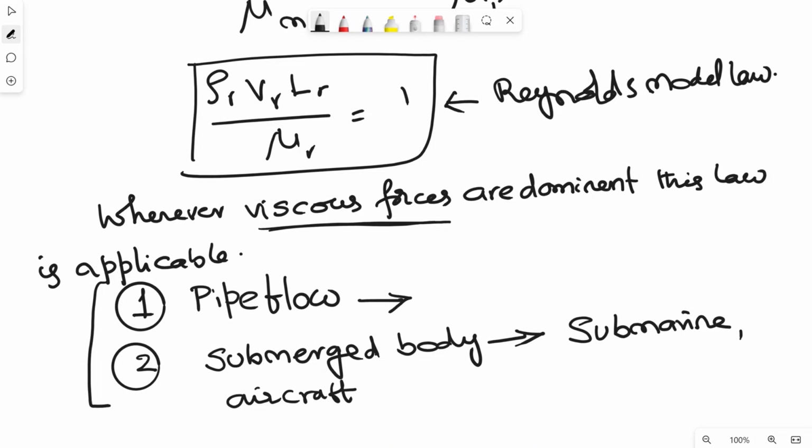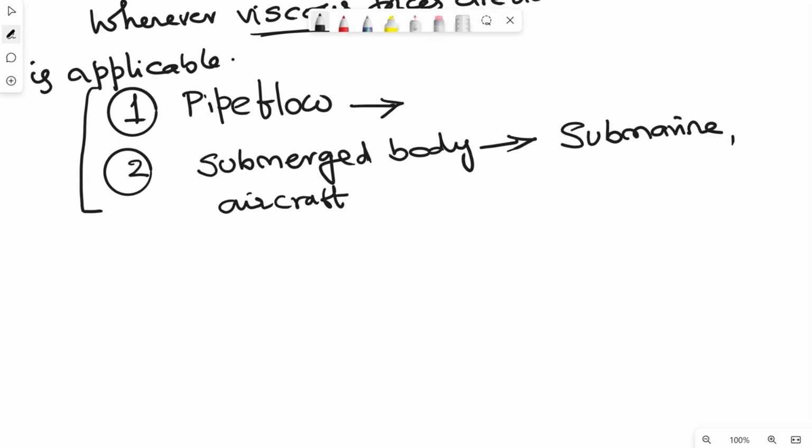So in the exam, any pipe flow problem that you encounter, you should automatically understand that it is a case of Reynolds model law. The dynamic similarity can be satisfied using Reynolds model law. Similarly, if you see a problem like a submarine or aircraft, it is a case of a submerged body, so naturally we have to use Reynolds model law to solve the problem.